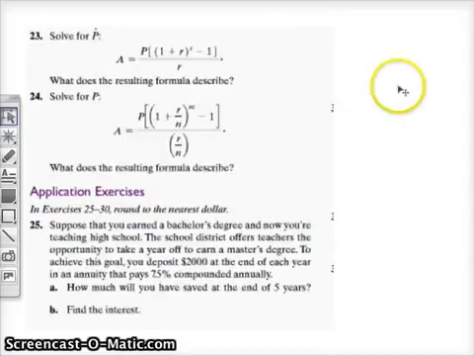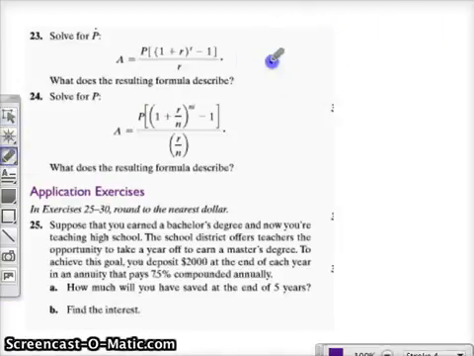For 23, where it says solve for P, just do a little algebra here. Solve for P. If that was P times 3/5, to solve for P, we'd multiply by 5 over 3.